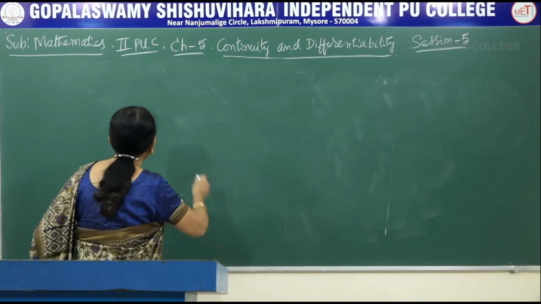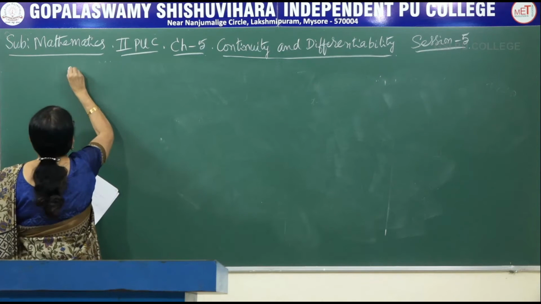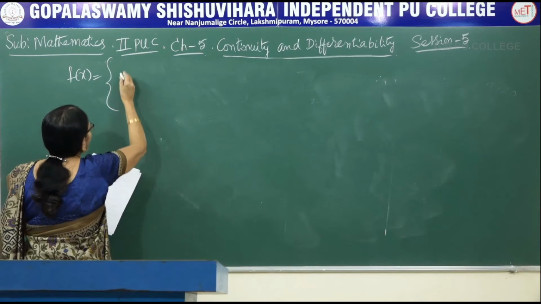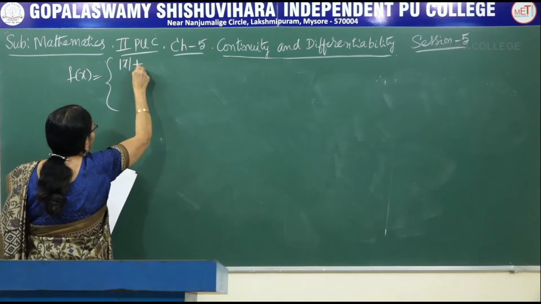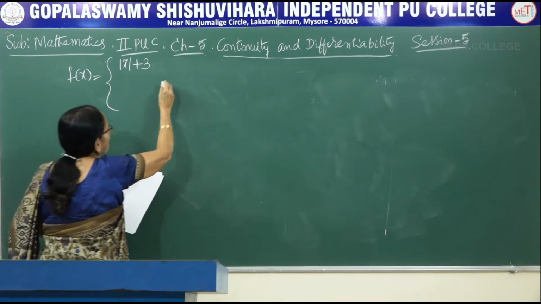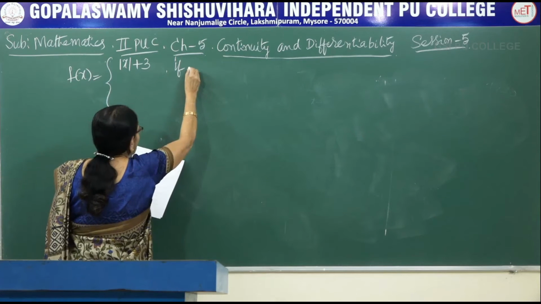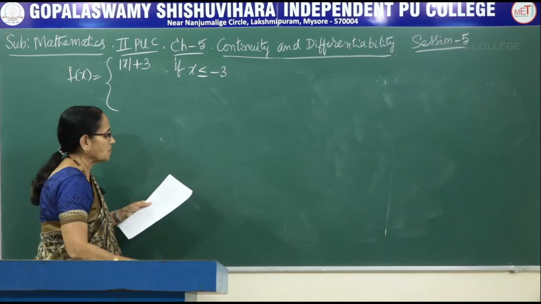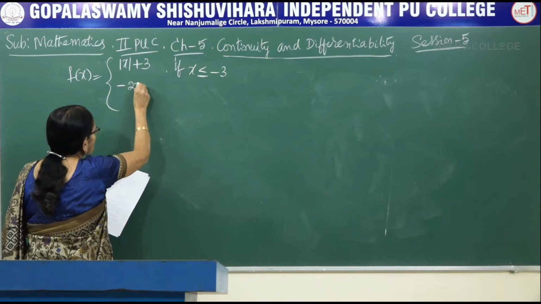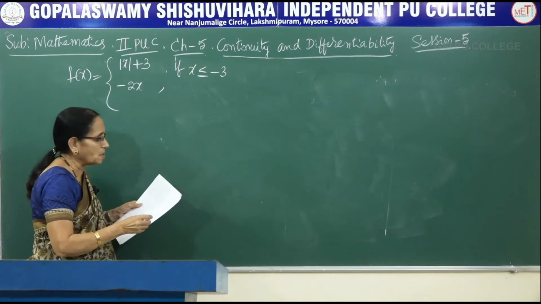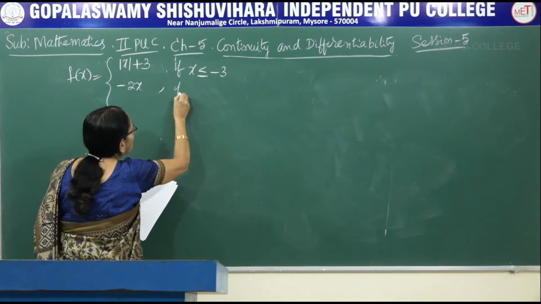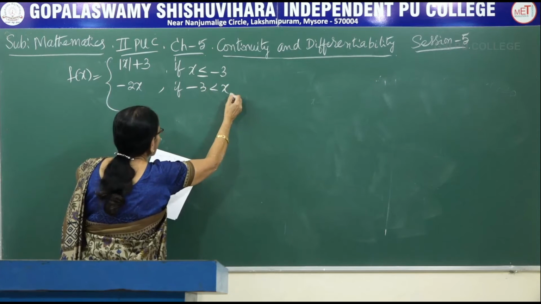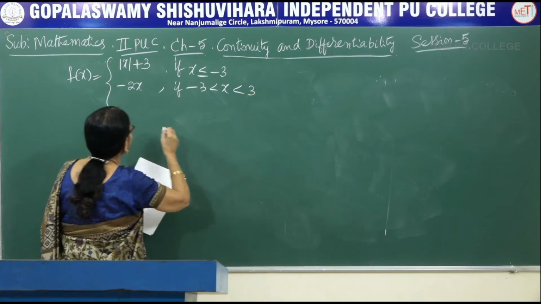Now, look at this particular problem here, understand it carefully. f of x is equal to modulus of x plus 3 if x is less than or equal to minus 3. The second possibility, it is equal to minus 2x if minus 3 is less than x less than plus 3.